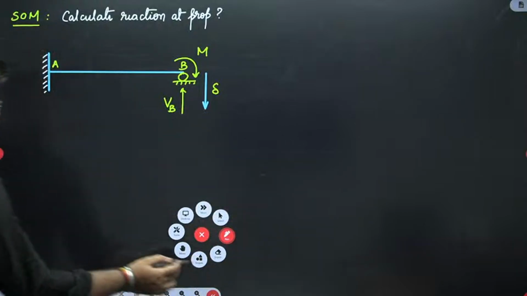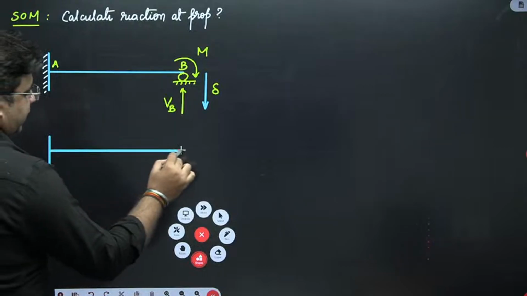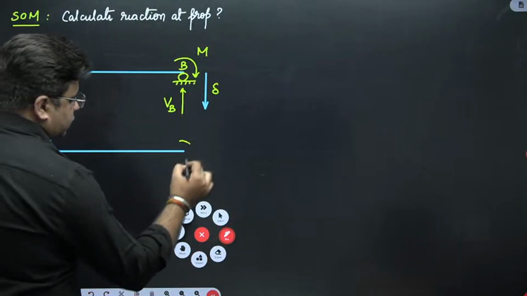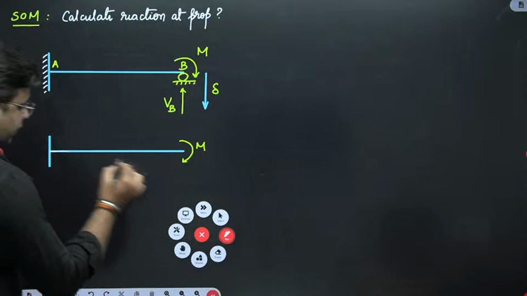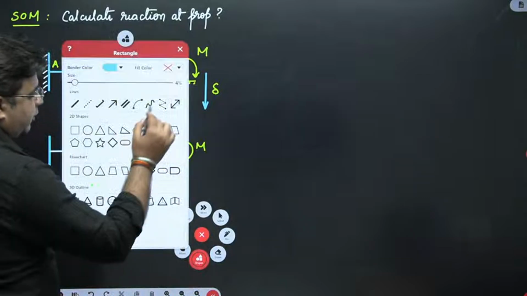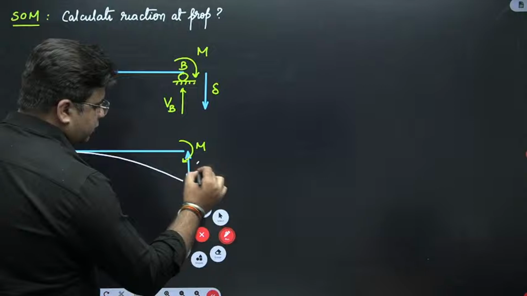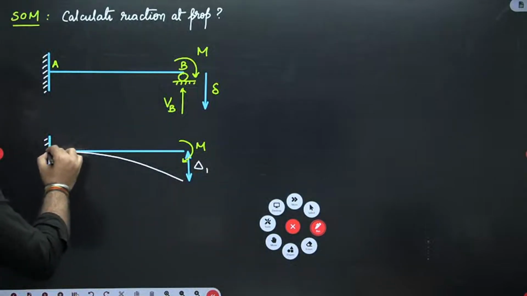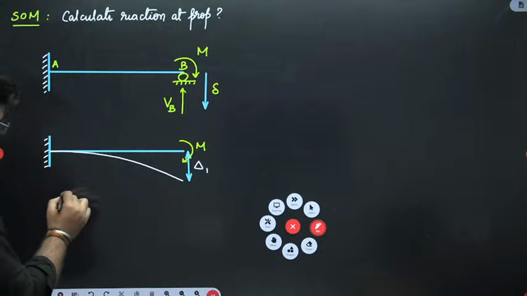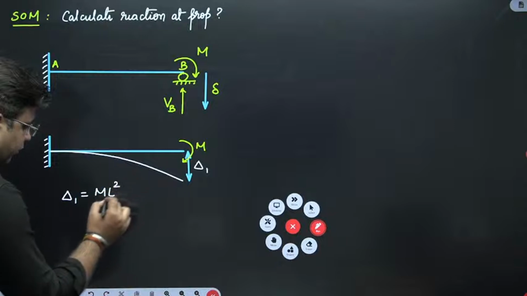First only consider this moment and calculate the deflection due to this moment. So if moment M is acting here, under this moment M the beam is going to deflect like this. Find out this deflection, delta 1. The value of delta 1 is a direct standard result, ML square upon 2 EI.